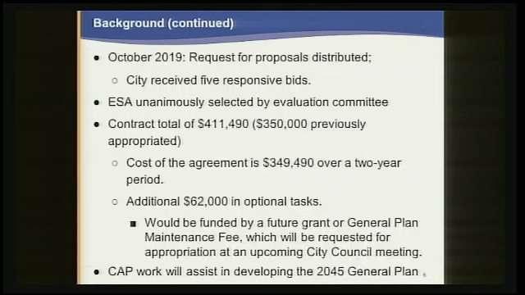So that's the reason why we're asking for an appropriation of the additional $62,000. I will also mention that when we started looking further at the scope and working through some of the community outreach elements, we're recommending the inclusion of another optional task, which is additional community engagement and community outreach. So the $62,000 would include 4 optional elements.